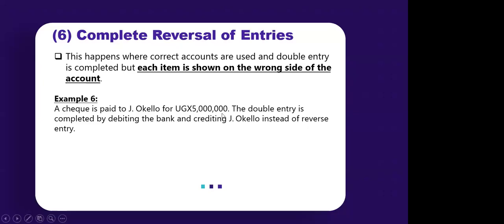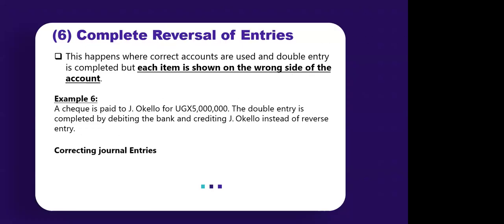And you had to debit J. Okero, but instead you credited him. So that is complete reversal. Those are the errors that are not detected by our trial balance.